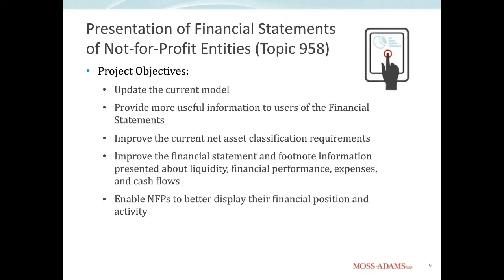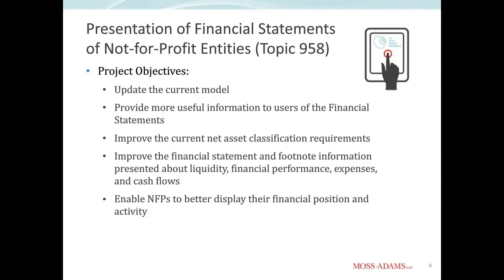As you know, the current not-for-profit financial reporting model has held up pretty well for over 20 years since the issuance of the Statement of Financial Accounting Standards 117, which was the financial statements of not-for-profit organizations. And that was a big change for a lot of nonprofits when that standard came out back in 1993.